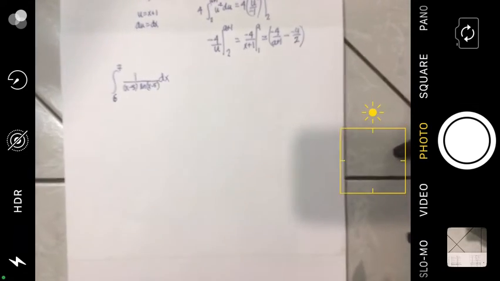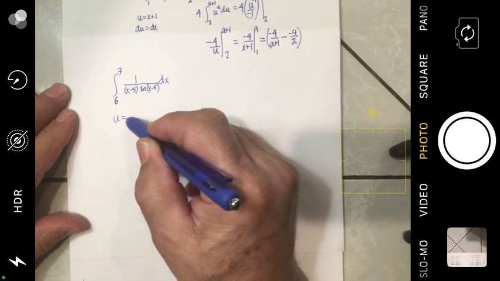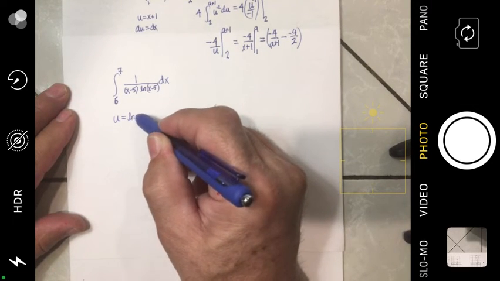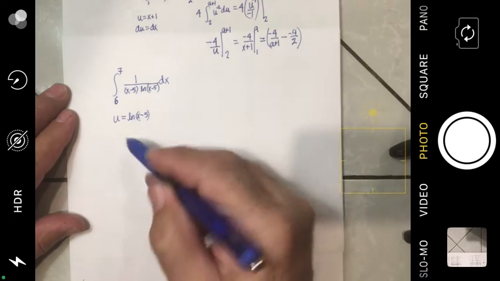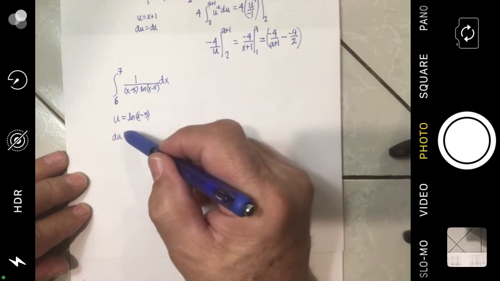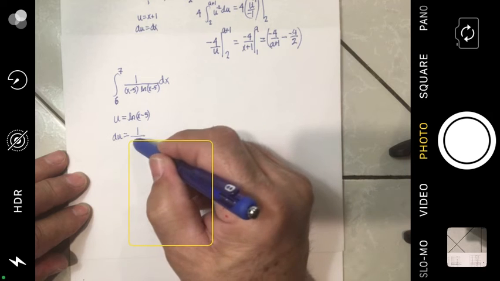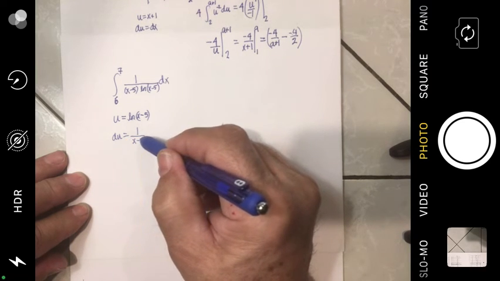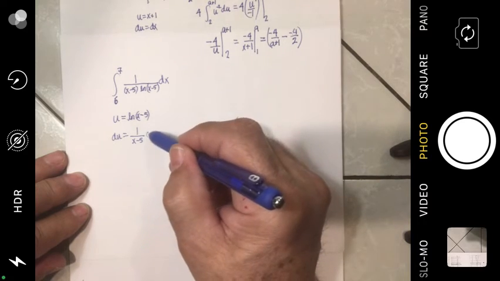So I'm going to let u be the ln of x minus 5. Now, if I take the derivative, I get du, and the derivative of ln of something is 1 over the something times the derivative of the inside, which is 1, dx.